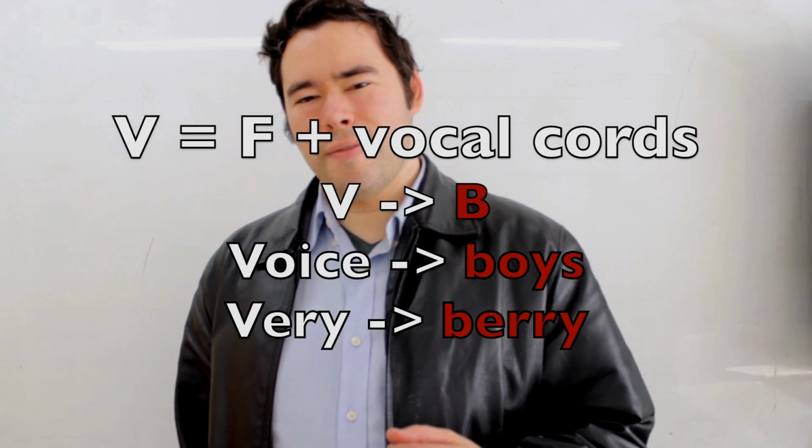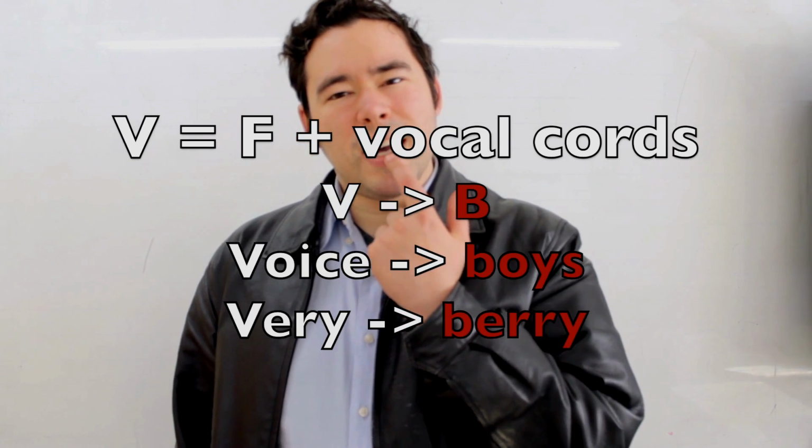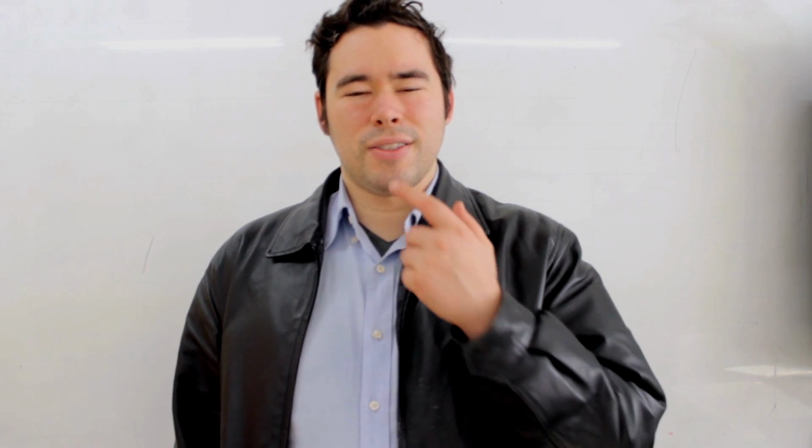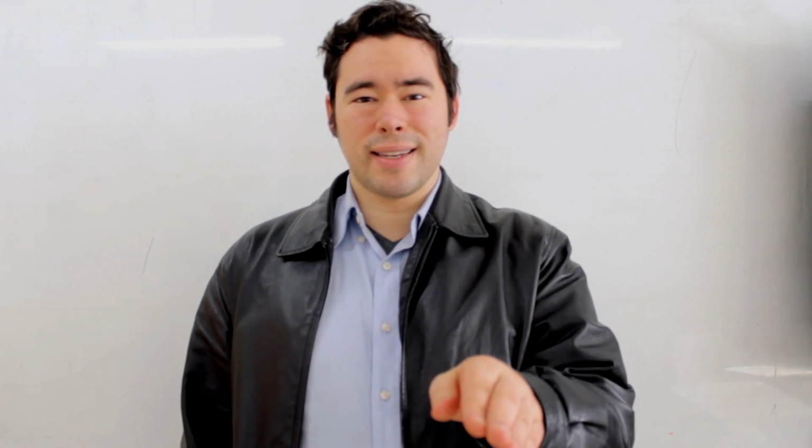So to do the V sound, the bottom lip goes under your upper teeth, and you vibrate your vocal cords and do the same thing you would do for F. So, fuerte. You know how to do that. Just bring your mouth into the same shape and vibrate your vocal cords. And that's how you do the V sound. I have a whole video dedicated to that. It will be on the playlist.